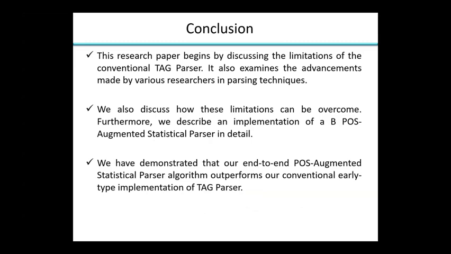We also discuss the limitations and how we can overcome them using different approaches. We have also demonstrated an end-to-end pipeline of the POS-TAG parser using a statistical framework, and how we can make the experimental setup, and we have achieved a 30% improvement over the existing parser.